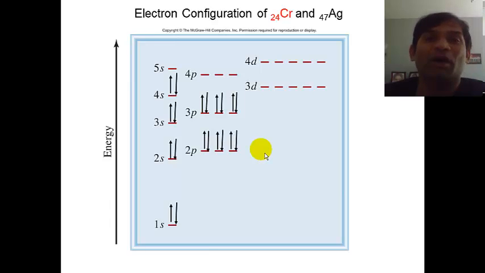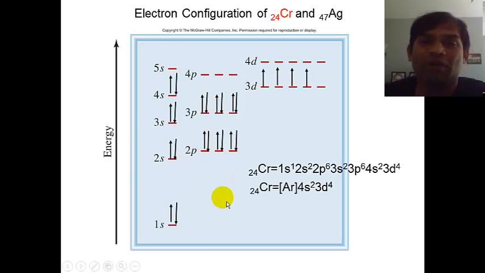All right, so now we are almost at the state here where we are going to have this electron, and we're almost at 24. In fact, that is the 24th electron. So you can count these electrons here, and you should be able to get 24. And this is the electron configuration so far of chromium.